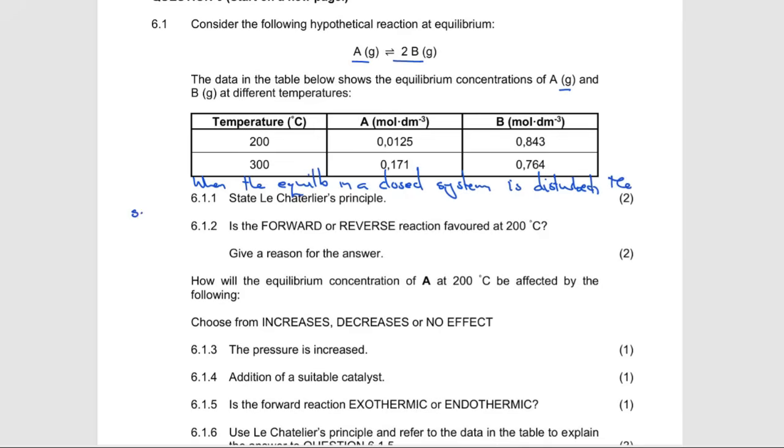The system will reinstate a new equilibrium, and then how does it do that there, right?